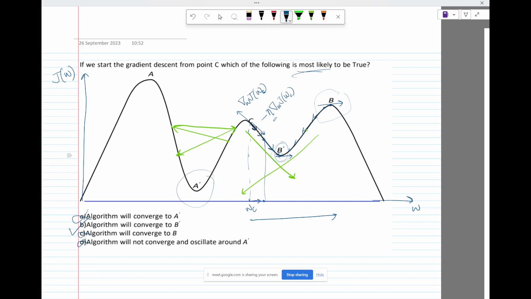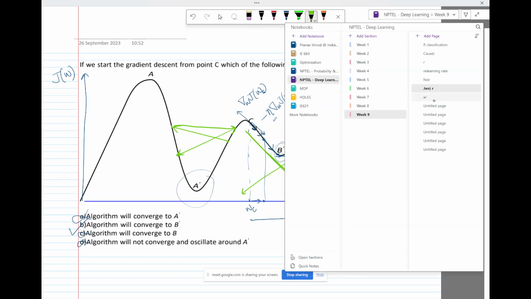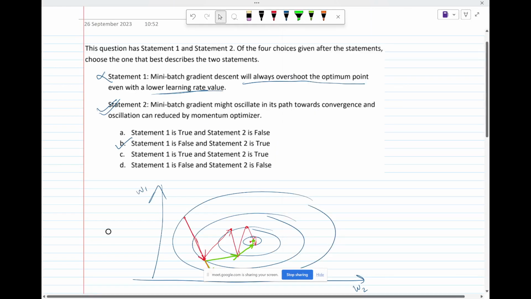Only if my learning rate is high will I overshoot the local optima and reach somewhere here. So with a lower learning rate, I'm not likely to overshoot. Here it is saying it will always overshoot, but it is very less likely that I will overshoot the optimum point. So statement 1 is false.